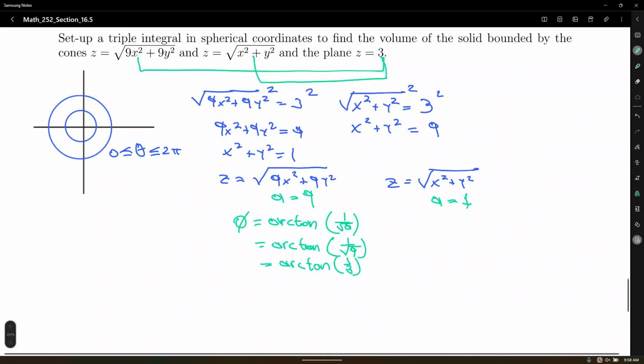Just leave it in terms of arctan of 1/3. Okay, what about here? Phi equals the drop-down angle, arctan of 1 over the square root of 1. Come on, we did this one a few times already. I think it's clear this is pi over 4. All right, let me go back to the solid. Okay, number one, can someone help me get arctangent of 1/3 in radian mode, please?